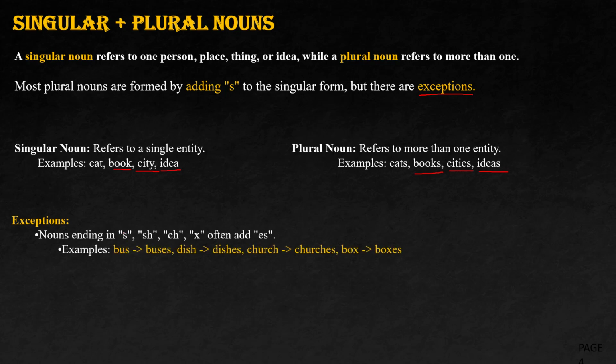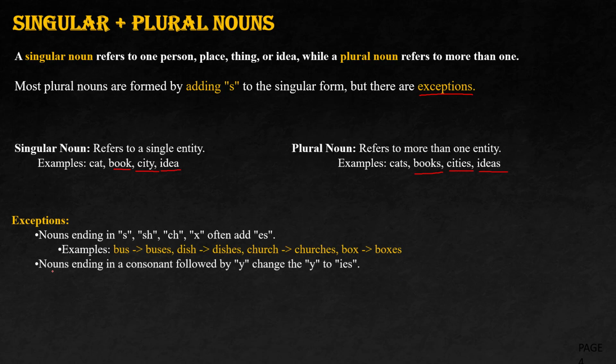At the end we have s. It becomes buses. Es is added. Similarly, dish, sh, dishes. Church, churches. Box, boxes. X is at the end, es is added.